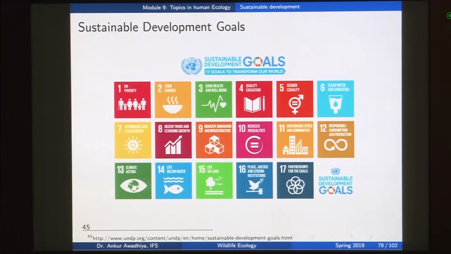After this we have had a number of COP summits, and we have come up with the sustainable development goals.